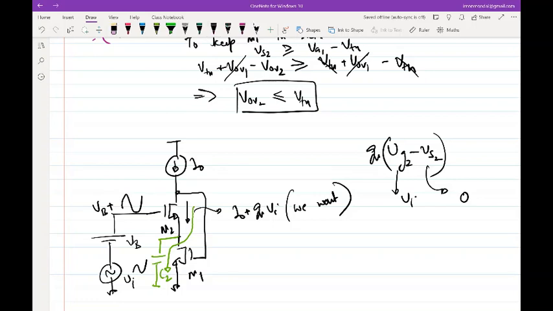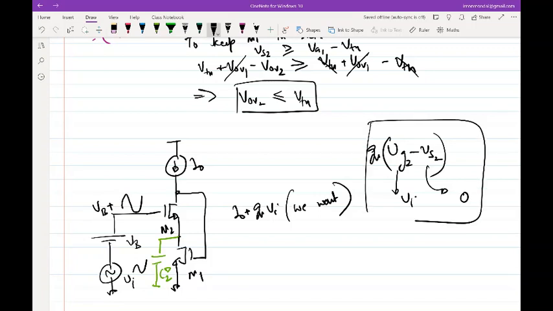So see, I agree with what you were saying. I made a blunder here. You are right. Essentially, if I only concentrated on this part, his argument, and it's a right argument, is that if this current has to be incrementally Gm times Vi, I can see that this current can go out through the source, but that current should also come in from the top.